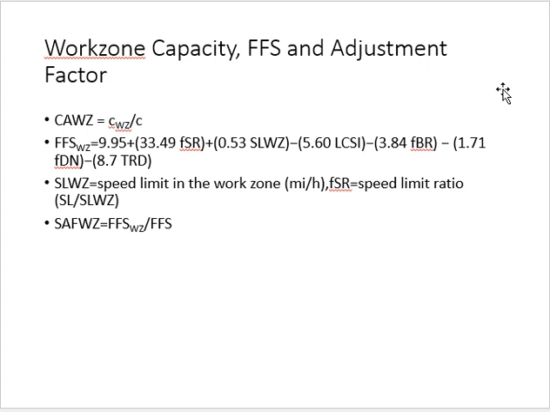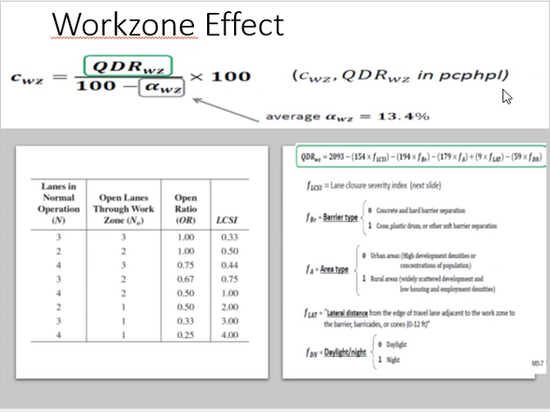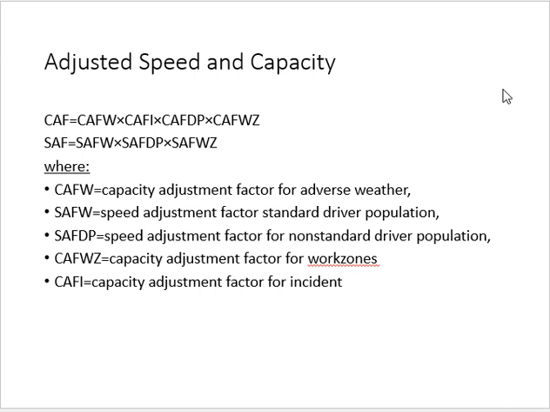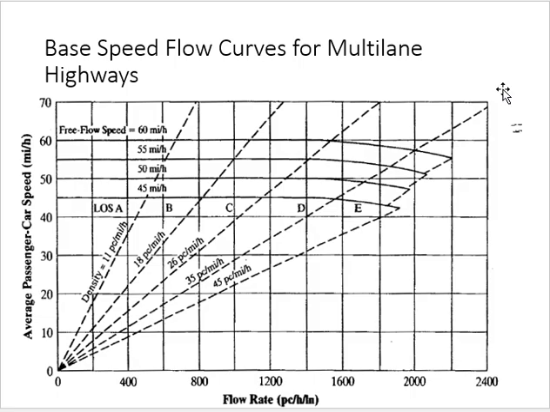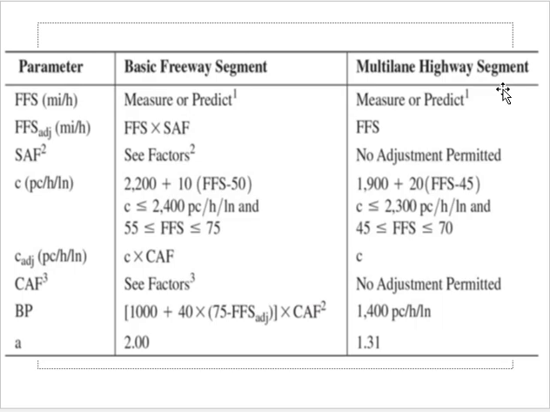Capacity in the work zone. What is C? Normal capacity without the work zone. Where is C_WZ? There. Where is C? So both of them have equations. Clear?